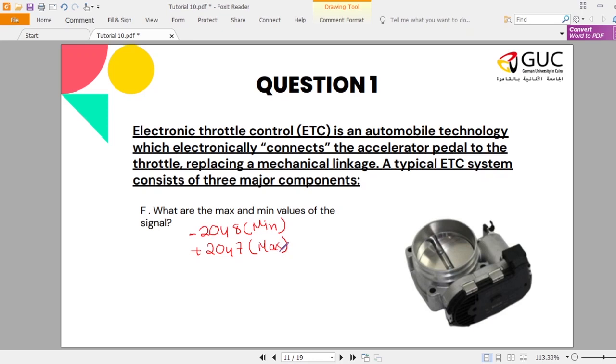Okay, cool. Now we want to know the maximum and the minimum values of the signal, which we'll be getting.